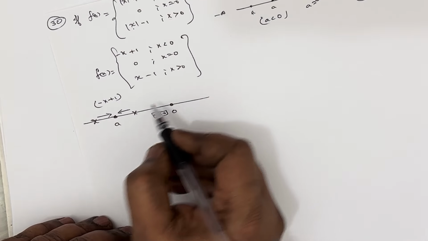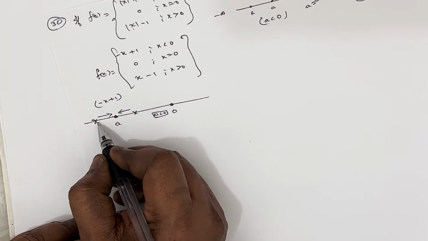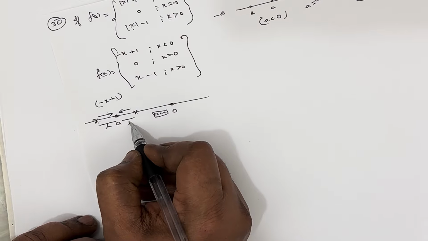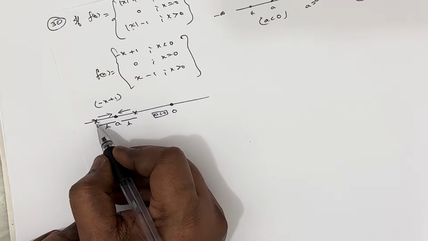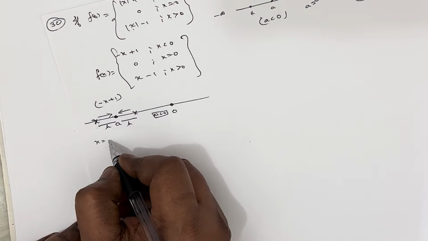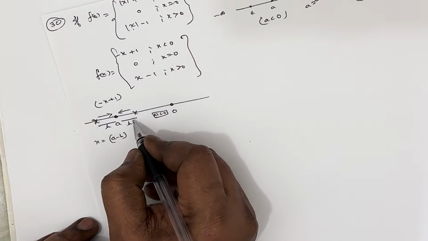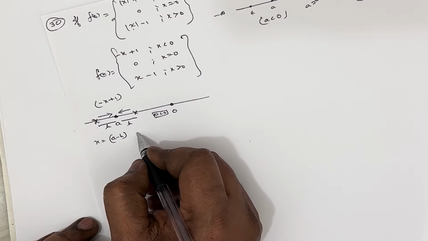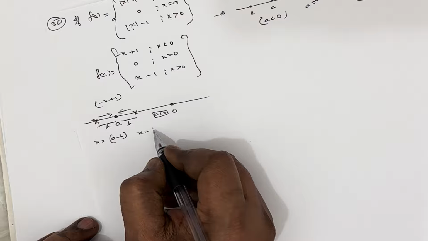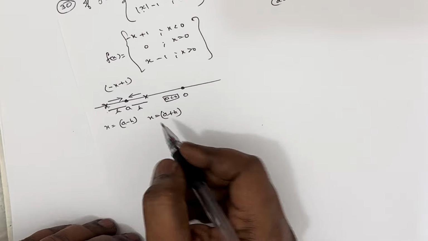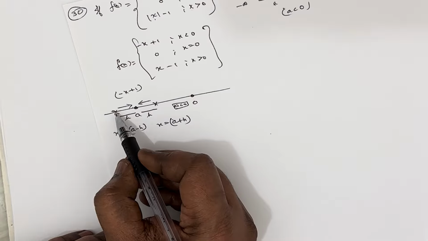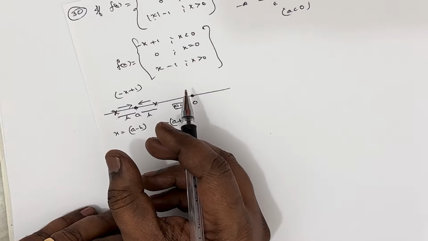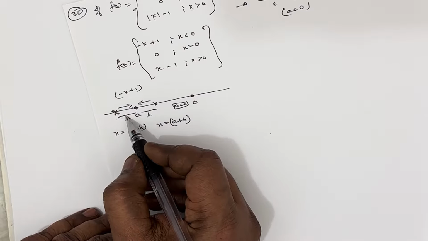When x is approaching a from both sides, this distance will be h, and the position of x on the left will be x is equal to a minus h, and on the right side the position of x will be x is equal to a plus h. As x approaches this point a, the length h decreases and tries to become 0, so we can write h tends to 0.